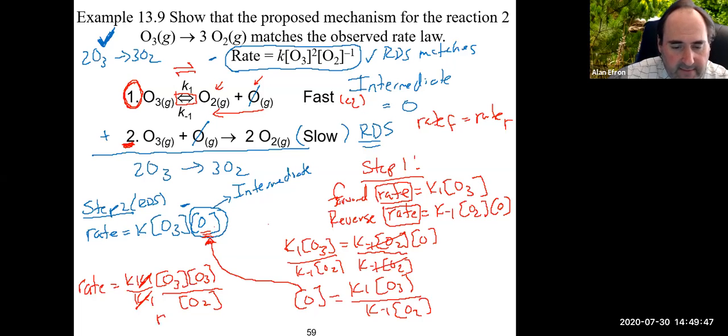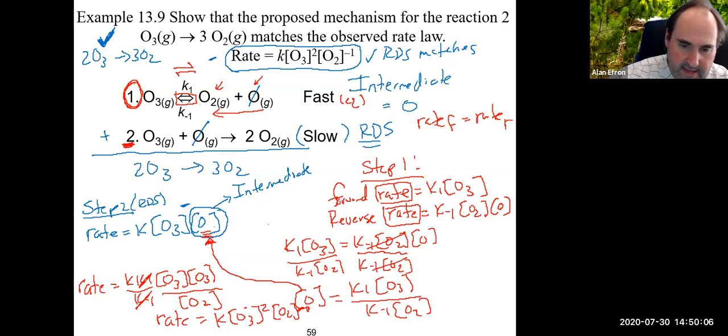So if we clean it up, we'll get the rate is equal to K times O3 squared. And 1 over O2 is O2 to the minus 1.